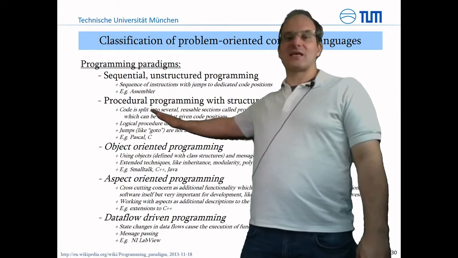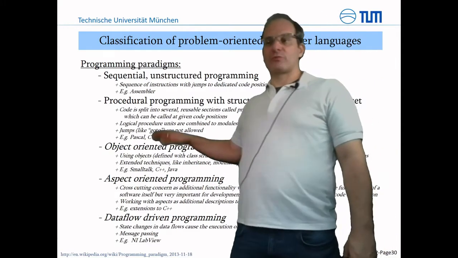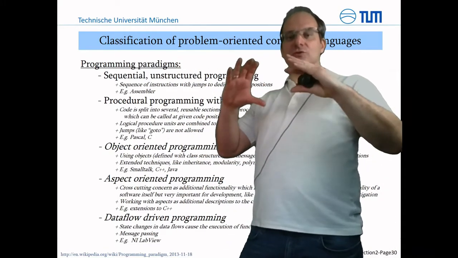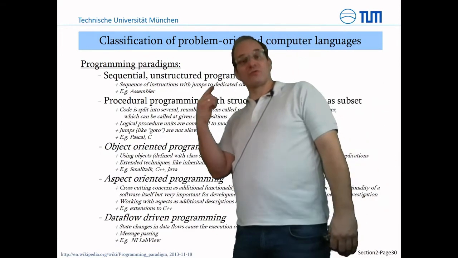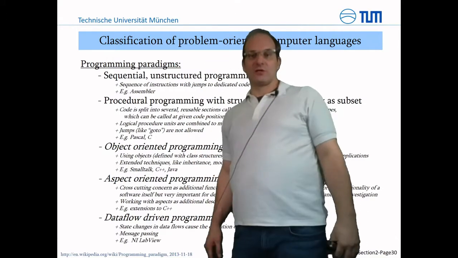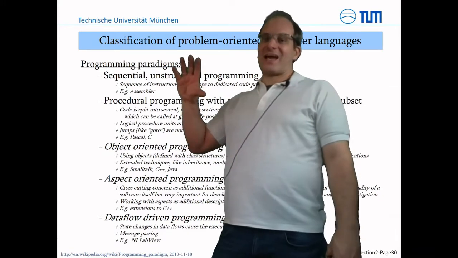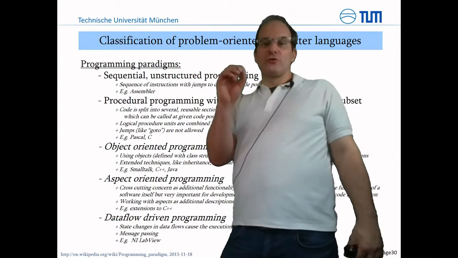The next step is procedural programming or structured programming. Procedural programming means you now split these unstructured things into small pieces like scripts, and you run the script. Each time you want to do the same, you just call the script, this piece of code. So you split it into procedures, and with a very special focus, you use functions.